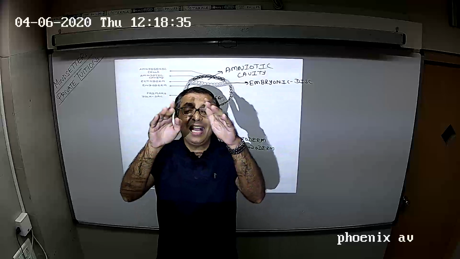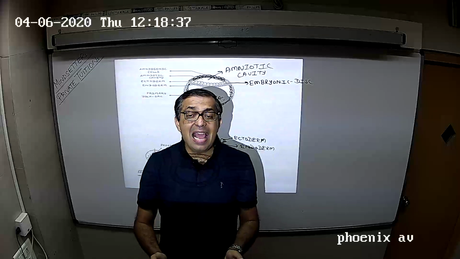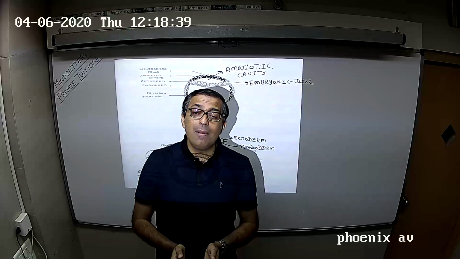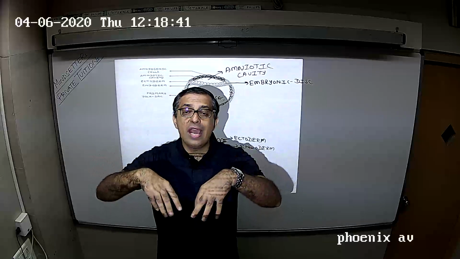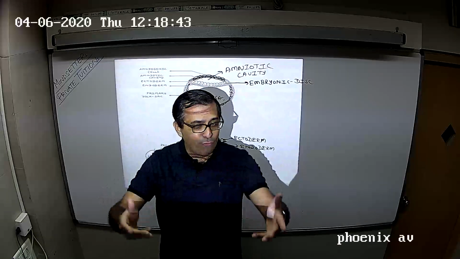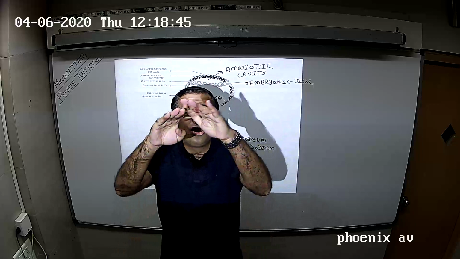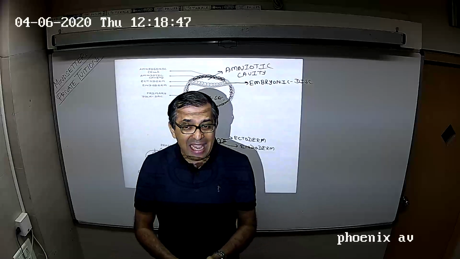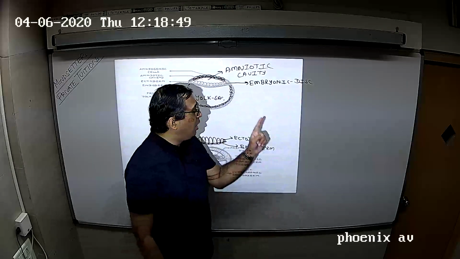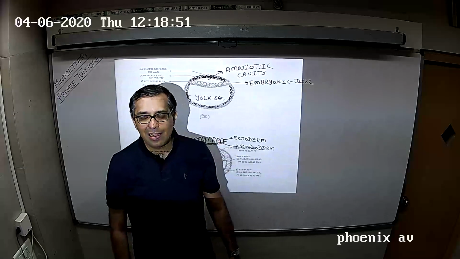So the germinal epithelium of the ovary, which we remember will form oogonia, primary oocytes and the future eggs, develops from the yolk sac.